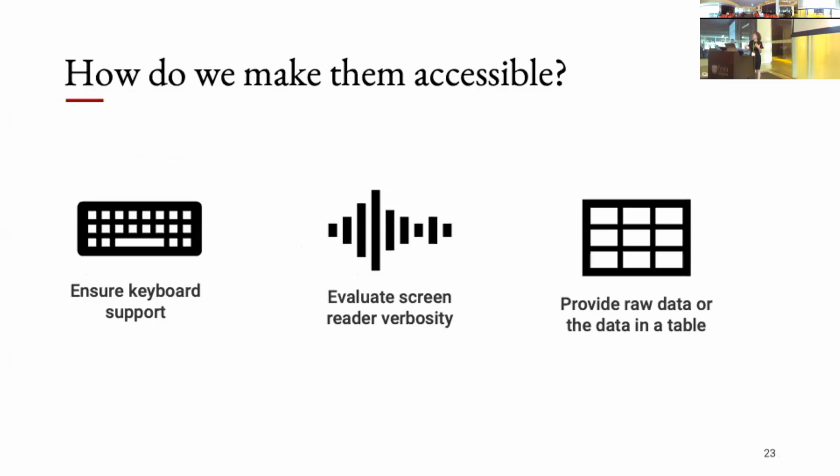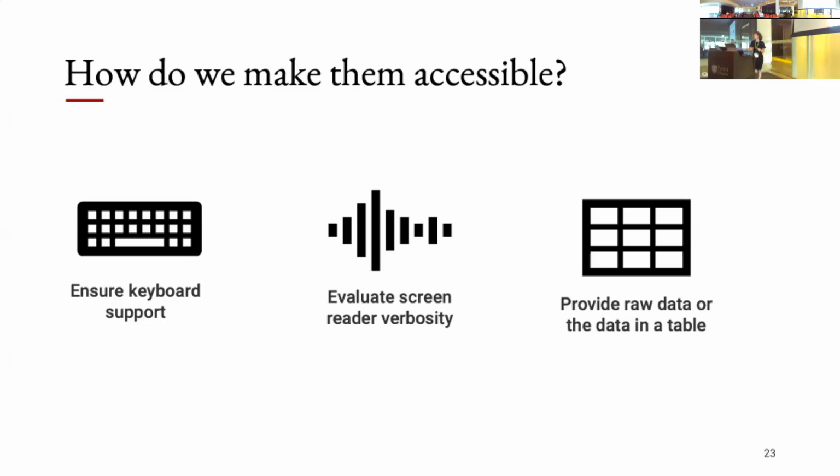So one of the things we can do to better support these users is make sure that keyboard users are able to get through this, especially if we have a data visualization that allows somebody to navigate through a chart, pop open tooltips to get more information, and go through it with the keyboard. Can I do everything with the keyboard that I can do with the mouse?